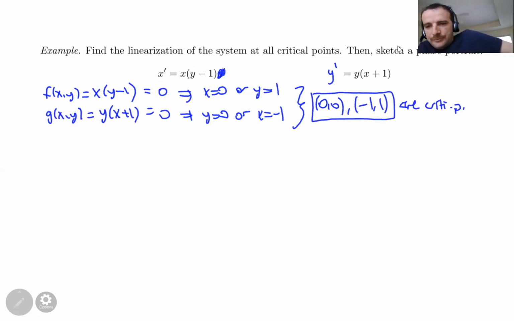Okay, cool. So let's find the linearization of these.